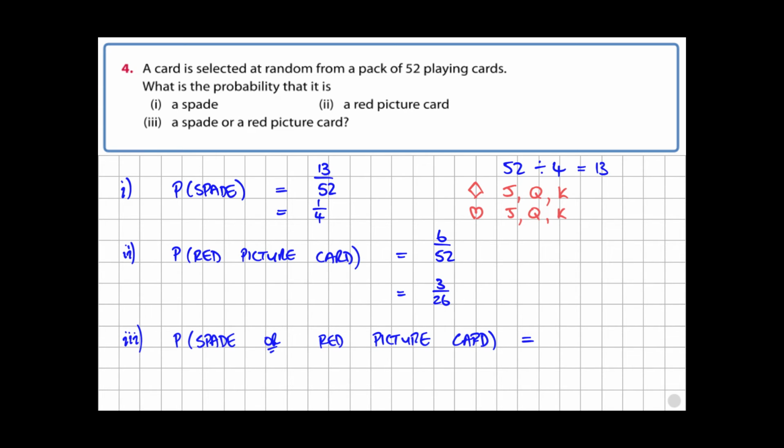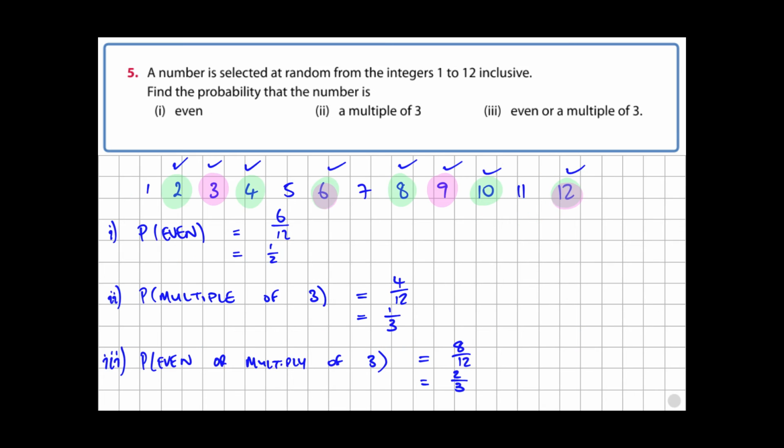So the probability of getting a spade was 13 out of 52. The probability of getting a red picture card was 6 out of 52. So the probability of getting a spade or a red picture card is going to be 13 plus 6 out of 52, and 13 plus 6 gives you 19 out of 52. We know that 19 is a prime number, so we can't simplify that any further. Okay, so that's question 5.